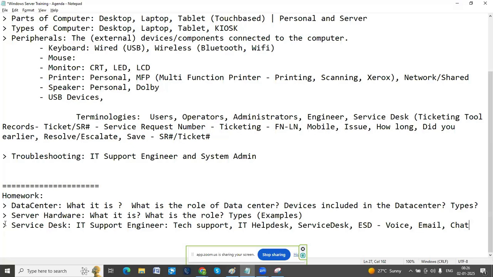That's called voice support. Some more roles will come, like customer support engineer. Though it may be technical, in that company they will call it customer service executive. The name will be different, the task will be similar. So there are different roles; among them, one of the roles is service desk engineer.